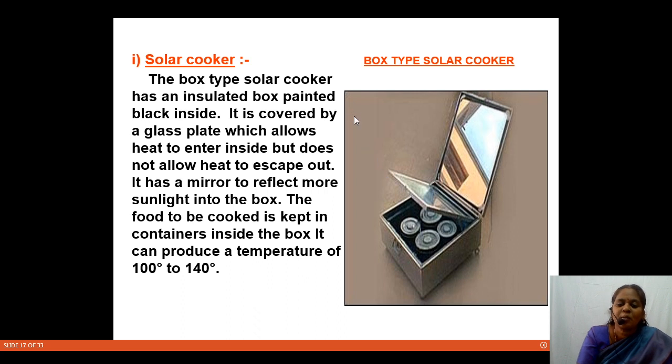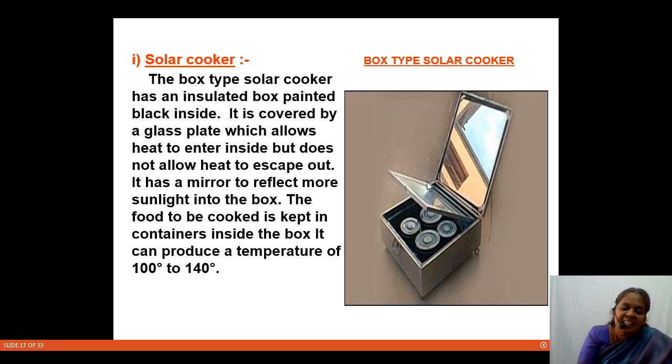See children, suppose the sun is here, the sun radiation will be incident on this mirror and reflected; we have to keep it at a certain angle only. The reflected sun radiation passes through the glass sheet covering the box, and is allowed to pass inside. The cooking material we keep inside gets heated up, and heat energy is again produced inside the box.